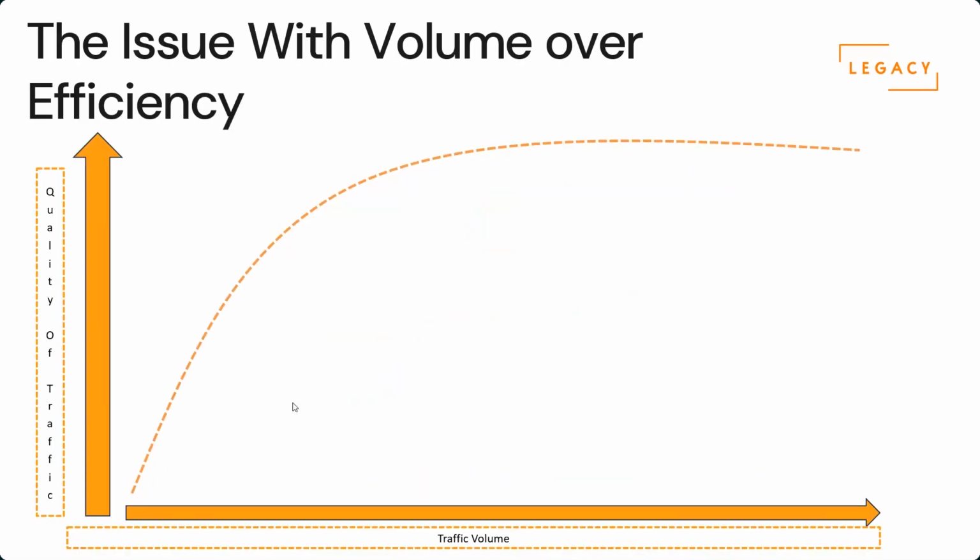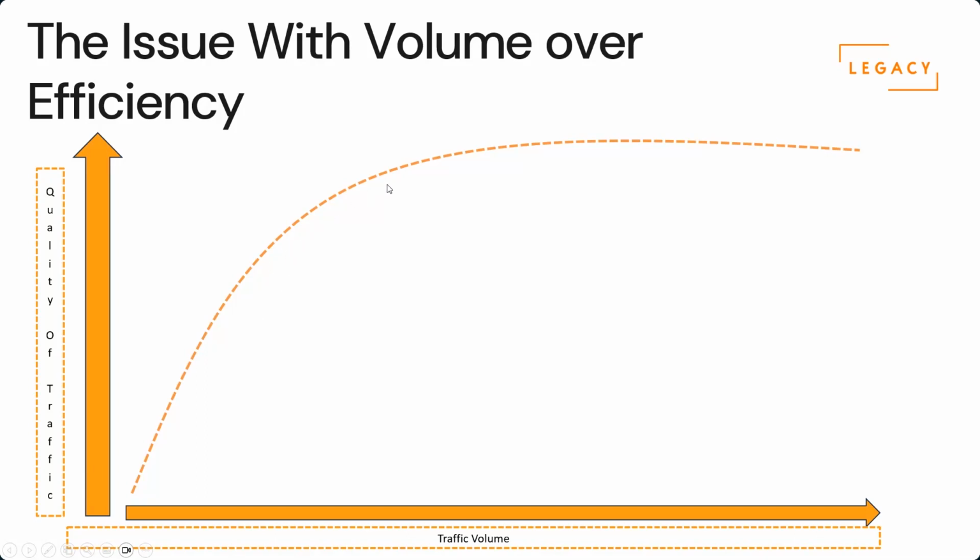Like I said, the issue is generally around the quality of traffic and the volume of traffic. We can see that the laws of diminishing return are a very real thing within paid search.